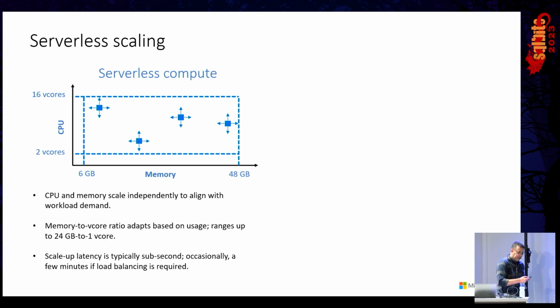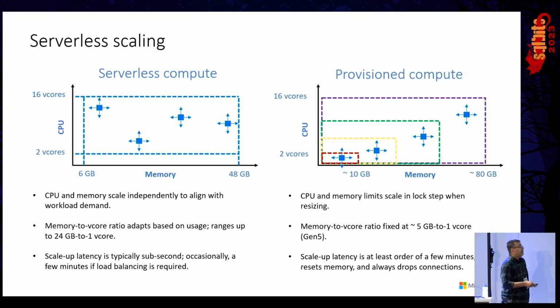So both bursting is allowed. If you think of provisioned, we get 5 gigs per core. So as you scale up cores, you get proportional memory. So the scale is linear from that perspective. So that's the difference, right? And the scale-up latency, I often get questions.